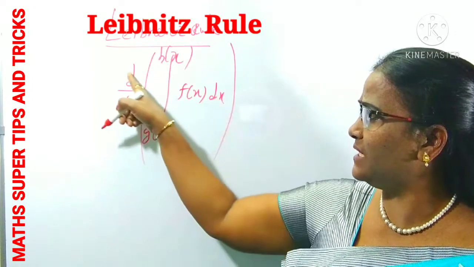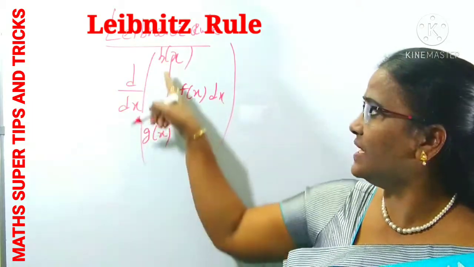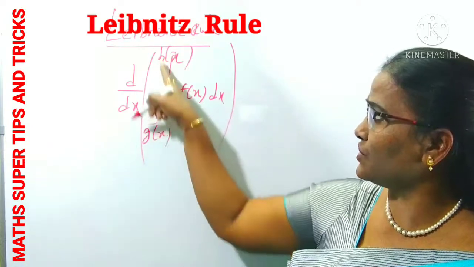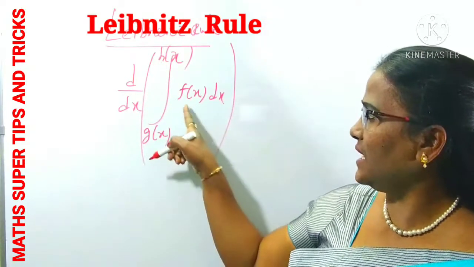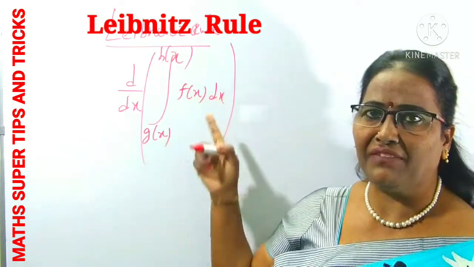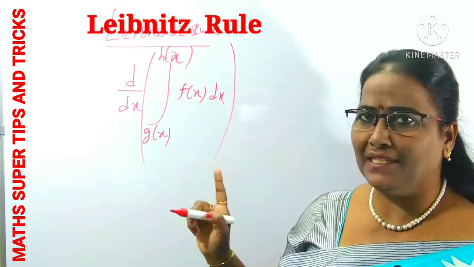It doesn't matter, but d by dx in terms of x you have to take. That is d by dx with respect to these functions only you have to concentrate. And in place of f of x maybe f of t, f of theta, whatever may be, right?